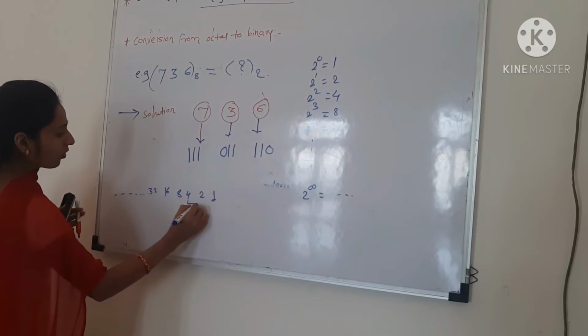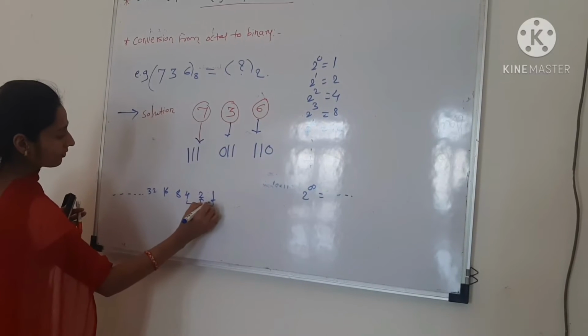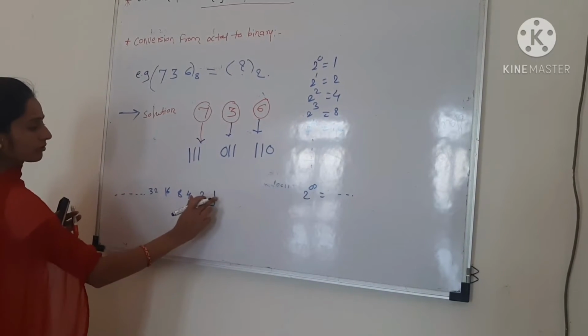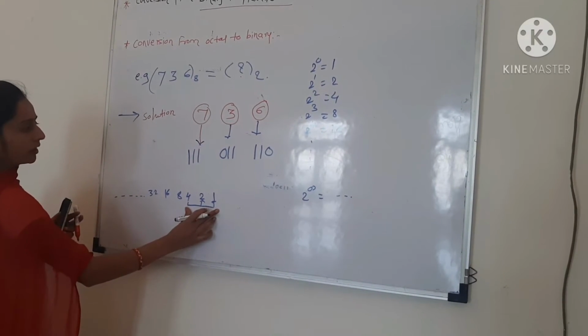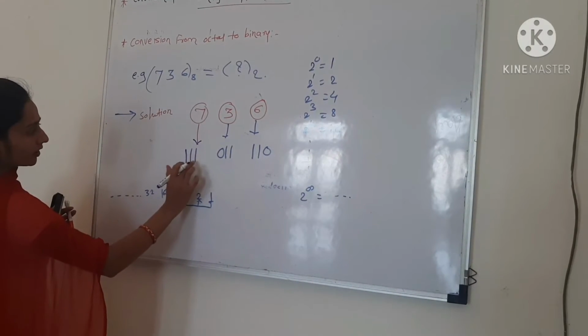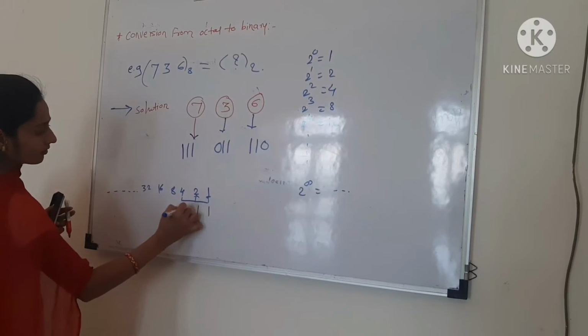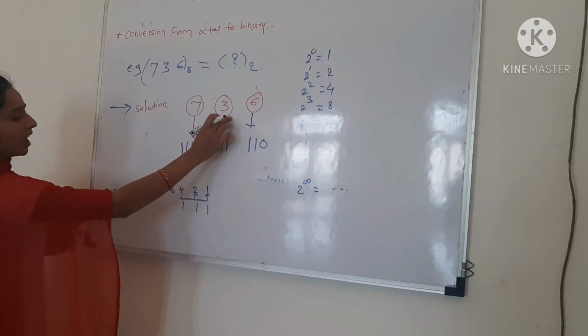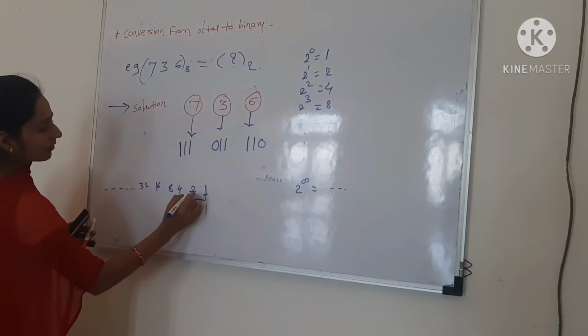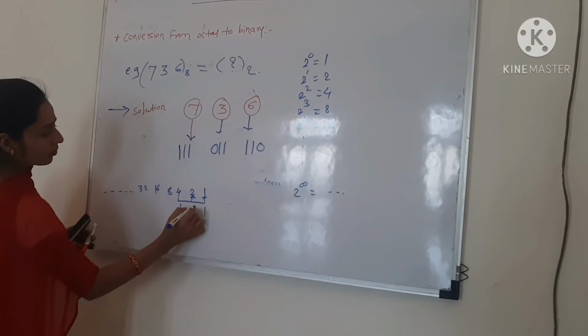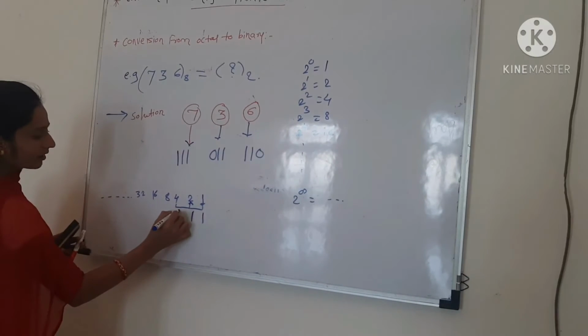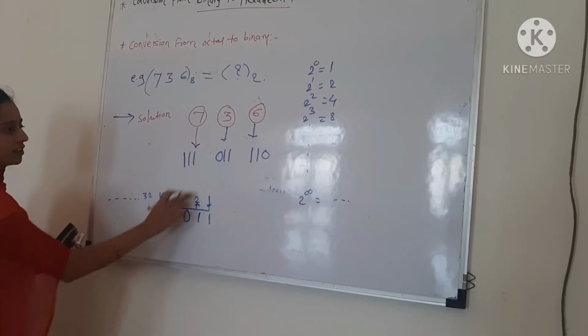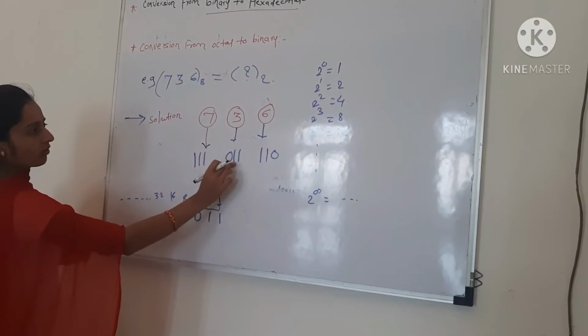That is 4 plus 2 plus 1, which means every bit position will be 1, so we have written all 3, that is 1 1 1. After that, 3: how does 3 come? That is 2 plus 1, which means only these 2 bits will be 1 and the third bit will be 0. That's why we have written 0 1 1.